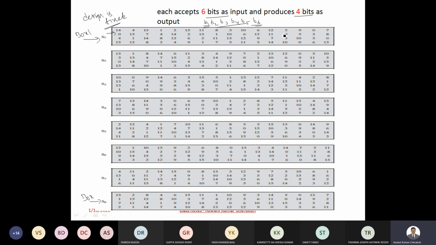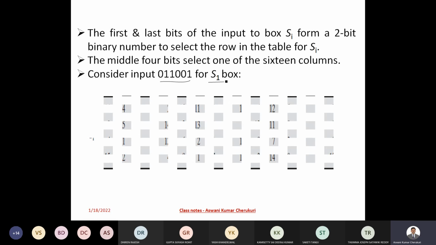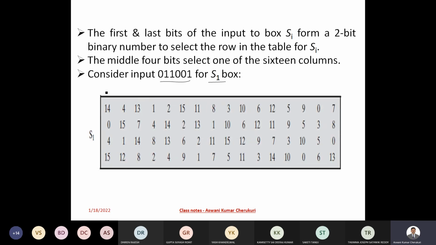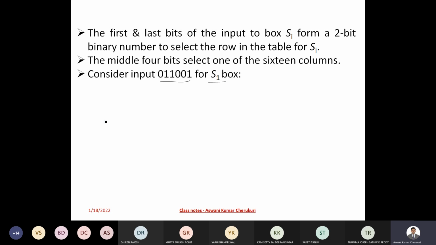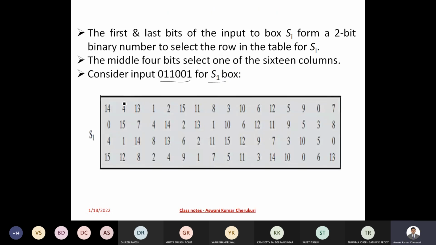Let us see with an example. Imagine you have an input 011001 for the box S1. In the previous slide we showed the S1 box. Now the 6-bit input is coming to the S1 box. The outer two bits form the row, so the rows are 00, 01, 10 and 11.